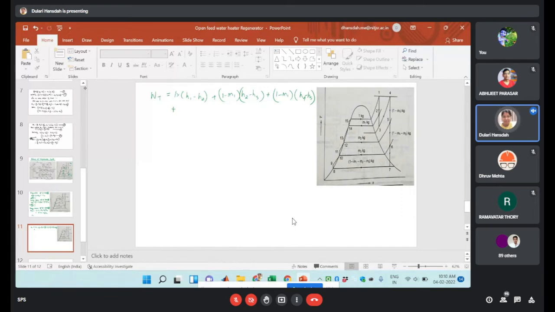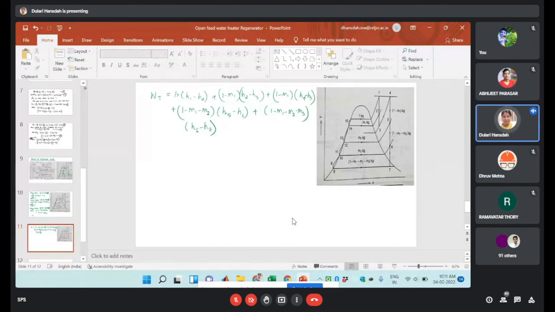In this case, the mass will be 1 minus m1 minus m2. Enthalpy change will be H5 minus H6, plus the expansion process 6 to 7, where the mass will be 1 minus m1 minus m2 minus m3. The enthalpy change is H6 minus H7. Okay, so this is the turbine work.